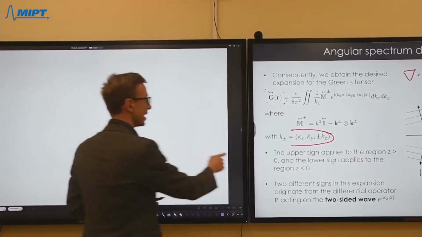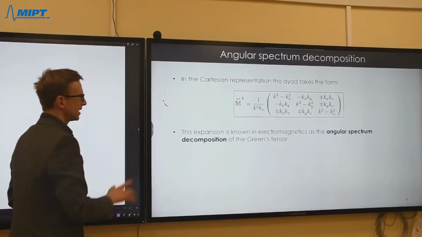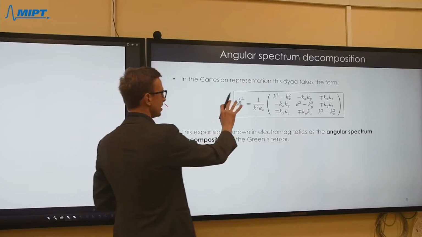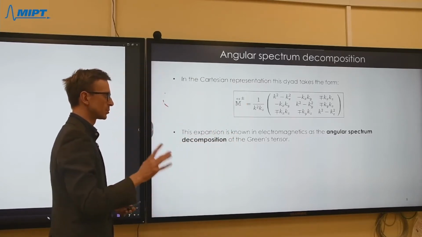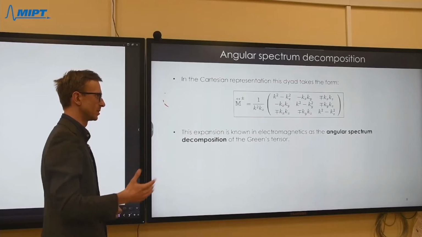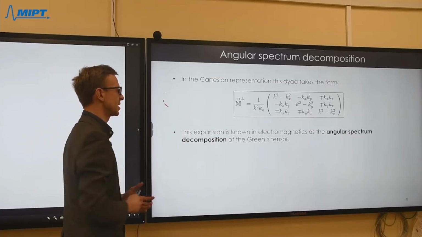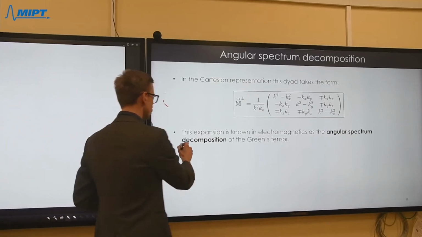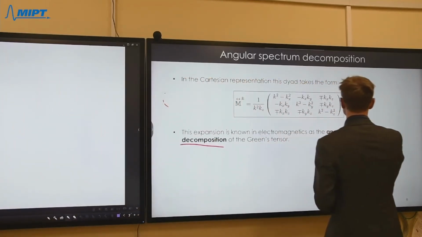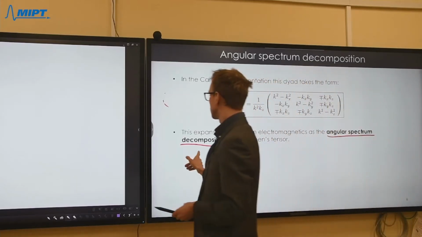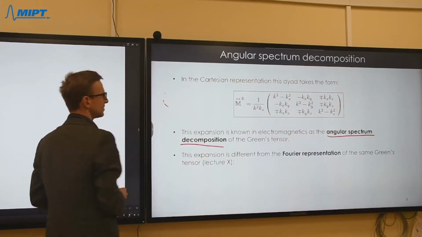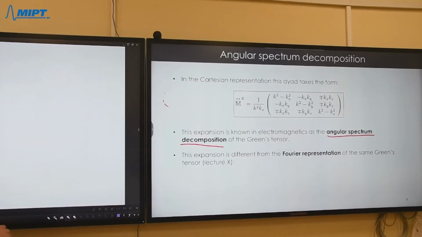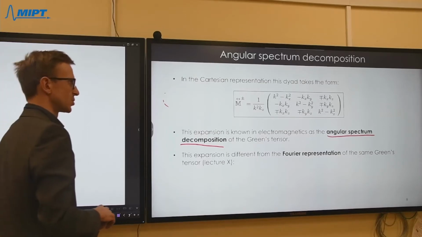So what we have is the representation of the same dyad, M plus minus, in a Cartesian system. If we were to represent it in a different basis, we would obtain this. And this expansion is known in electromagnetism as the angular spectrum, or the angular spectrum representation. At this point, I want to emphasize that what we have obtained is different from the Fourier representation of the same Green's tensor.